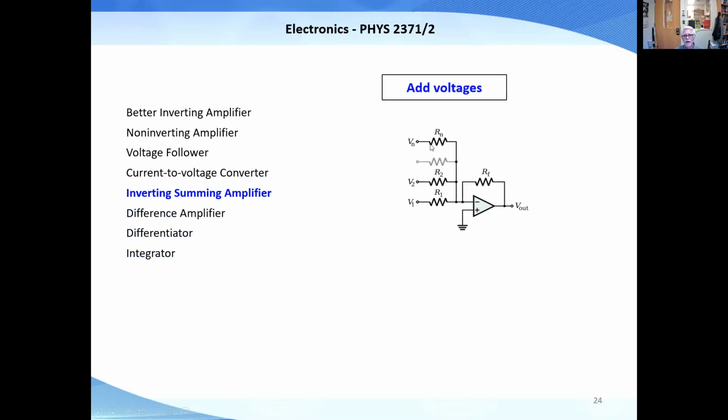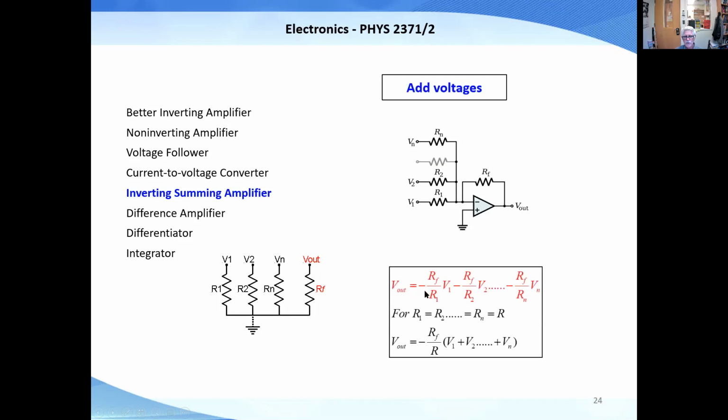Okay, a summing amplifier here. You have voltages going into a number of resistors, and all of them go into the minus one feedback resistor. So here's the equivalent circuit. And you go through the usual algebra so that if you assume all the resistors are equal, then you have one gain, RF over R, and then whatever voltages you have here, it's just going to sum the voltages.